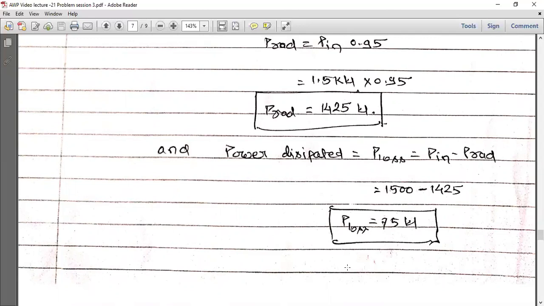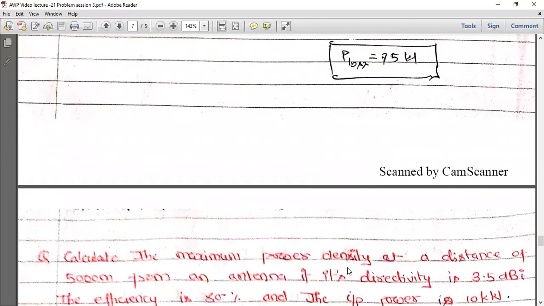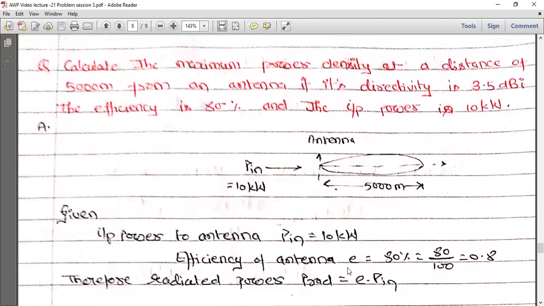So now we head to our last problem. Now we have to calculate the maximum power density at a distance of 5000 meters from the antenna, if its directivity is given by 3.5 dBi, the radiation efficiency of the antenna is 80%, and input power is given by 10 kilowatt.